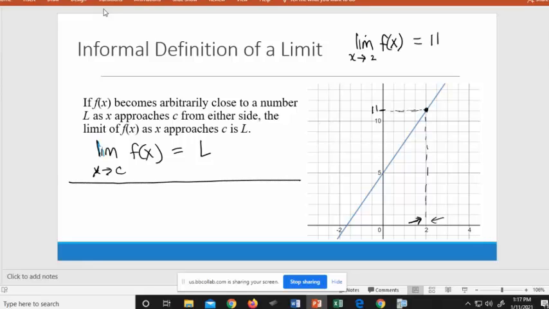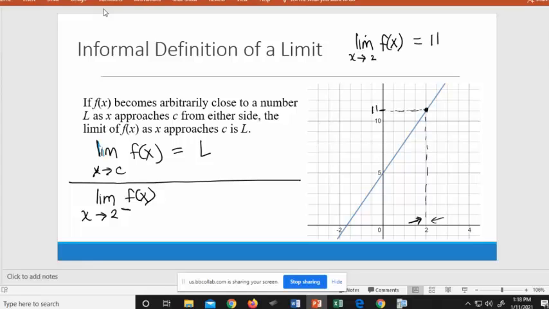Same diagram, I could say the limit of f of x as x approaches 2, and I know in pre-calculus we use this notation some, but when you have the plus or the minus afterwards, that would tell you which direction you are coming from.